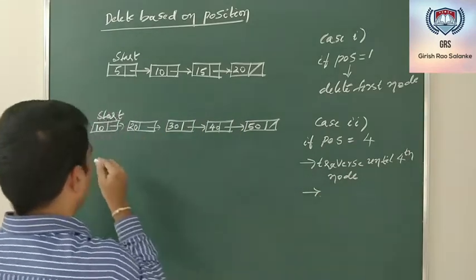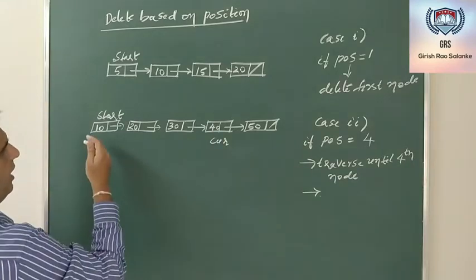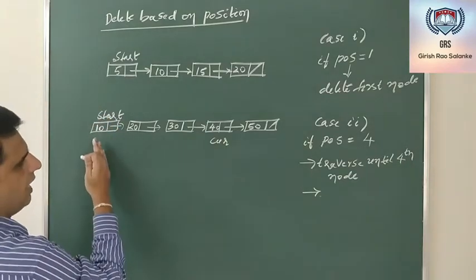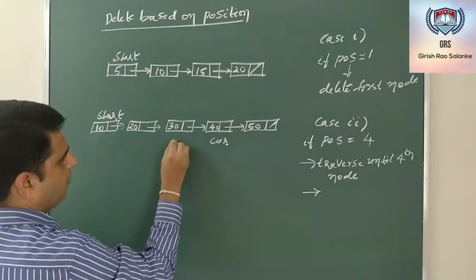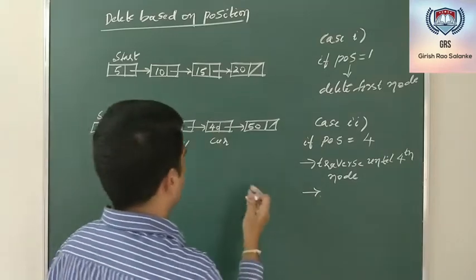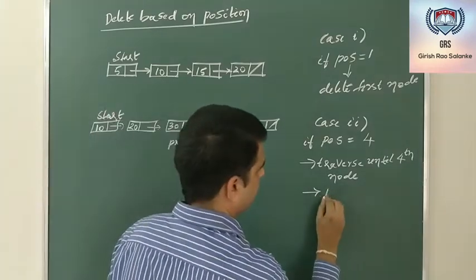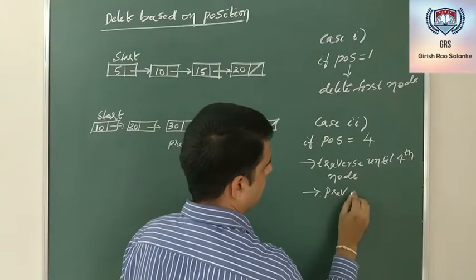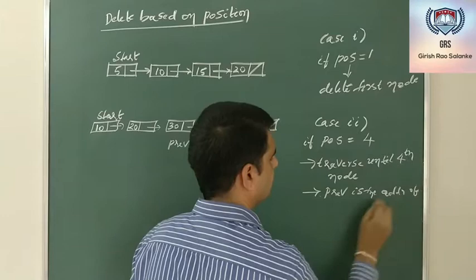Initially I will make current hold the address of the first node. I will traverse current till the 4th node, and then I'll have previous holding the address of the node before current. So previous is the address of the third node.